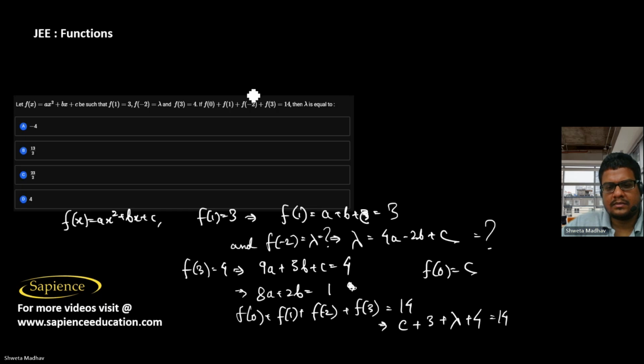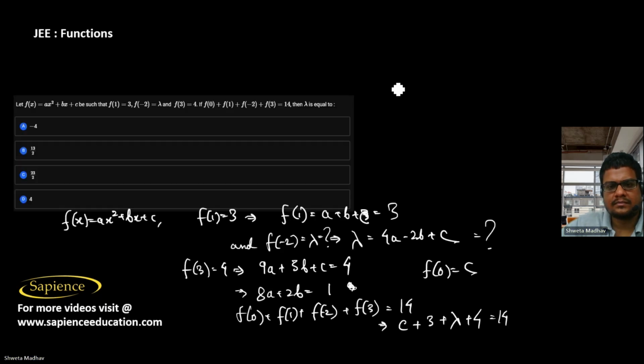Therefore c plus lambda plus 7 is equal to 14. So c plus lambda is equal to 7, or c is 7 minus lambda.